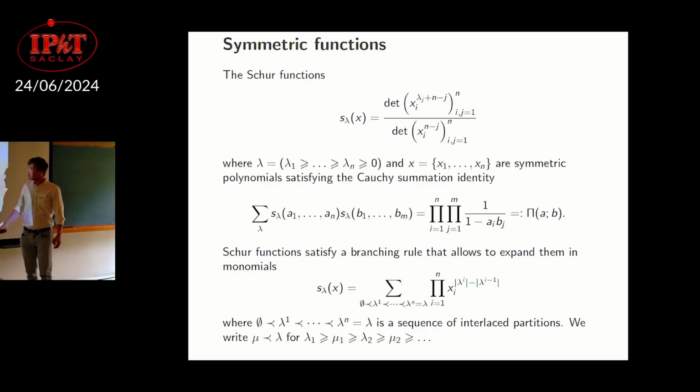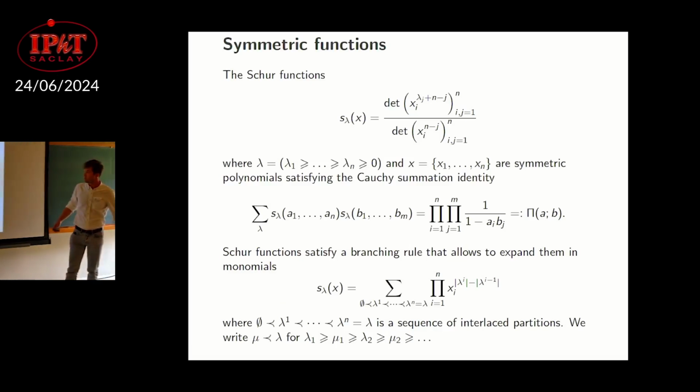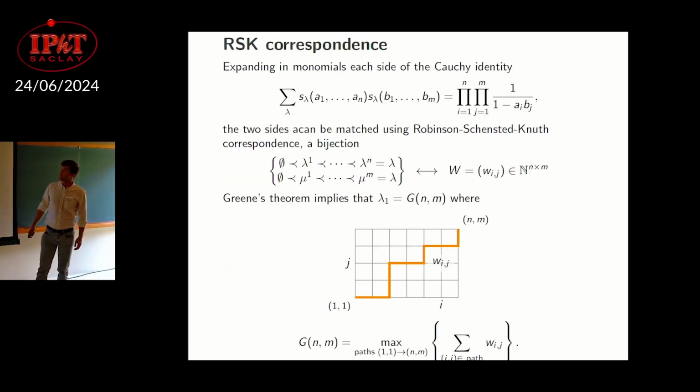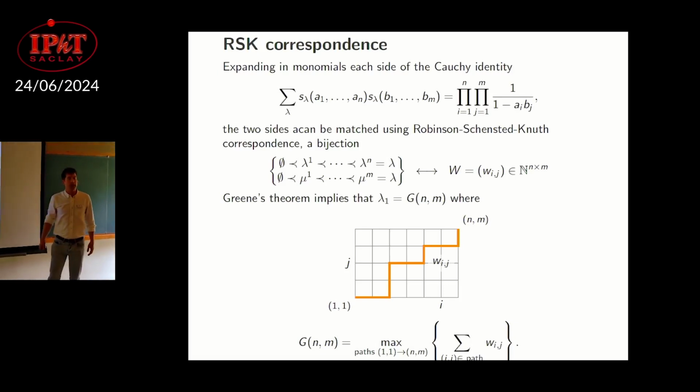So with these two things, now we can play a bit, and then I will tell you what one can do probabilistically. Here I rewrote on the top of the slide the Cauchy summation identity, and one thing that one can do is expand both sides, which look quite different, into monomials and try to interpret that.